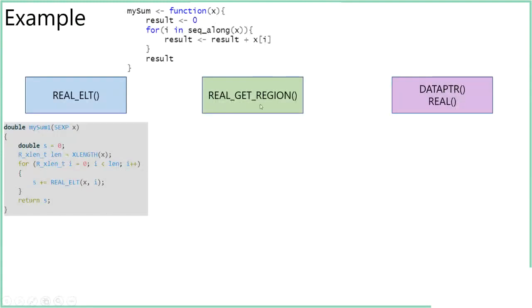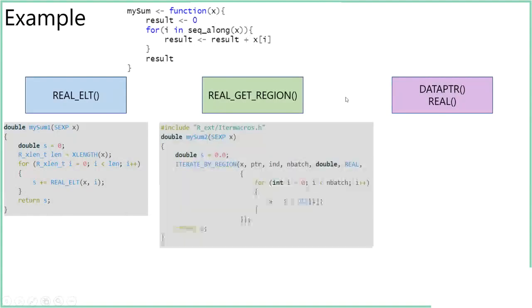And the second is the get region function. In practice, usually we do not use the get region function because it's really hard to get right, and you have to allocate a buffer for it. Luckily, the R source provides a macro for us to iterate by region, which in turn will call the get region function to read the data from x.